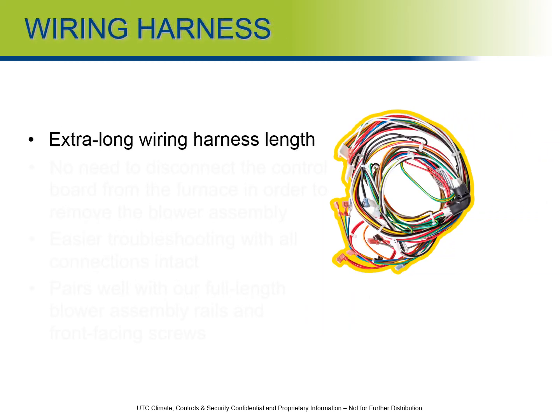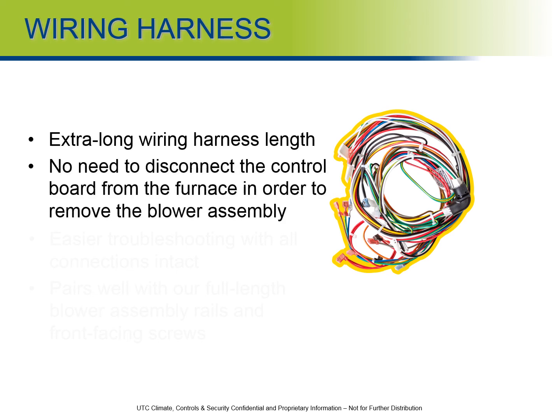Another addition to the product lineup is extended wire harnesses. We've got extended wire harness lengths that allow you to remove the blower assembly without having to disconnect the control board, which is a feature I'm sure all of us service technicians have been asking for many, many years.